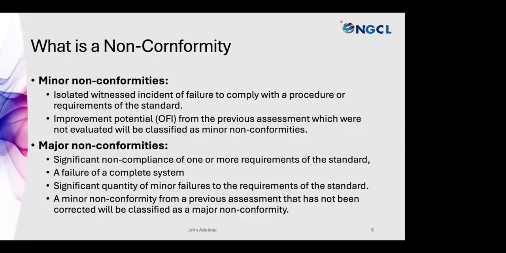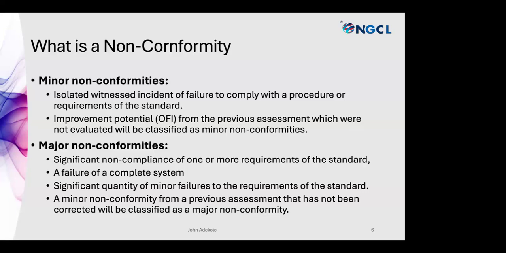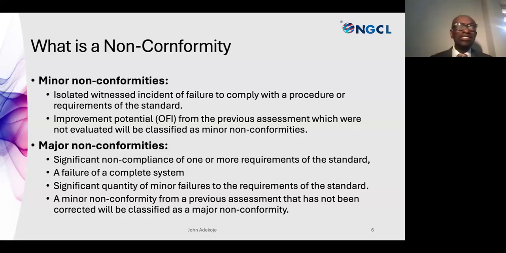Also, there are improvement potentials, which we call opportunities for improvement. During a previous audit, whether it's an internal or certification audit, first party, second party, or even third party audit, opportunities for improvement were identified by the auditor and pointed out to the organization.